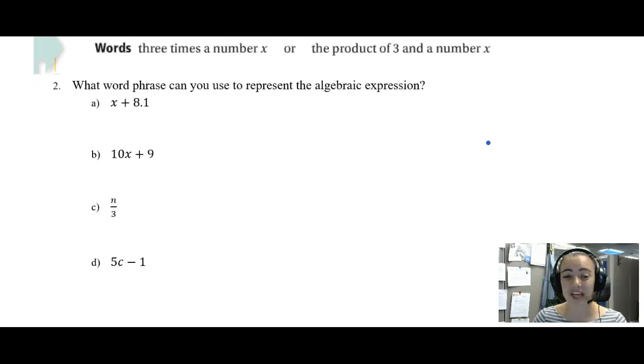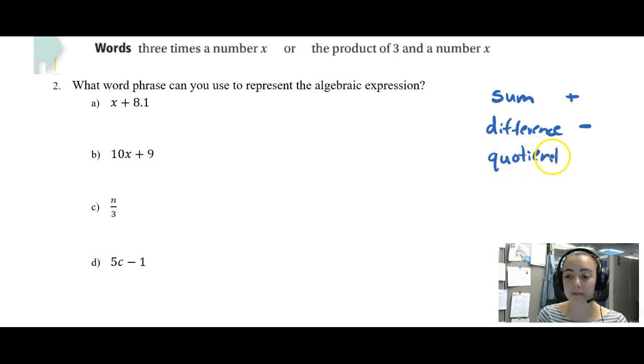So now pause the video again and try writing these 4. Remember to use those words from up above. When you see addition, you can use sum. When you see subtraction, you can use difference. When you see division, you can use quotient. See multiplication, say product.